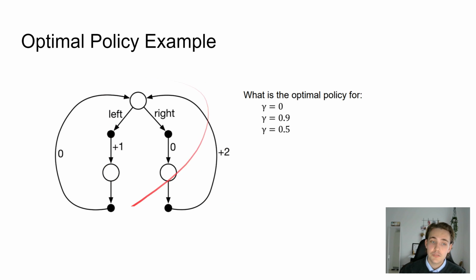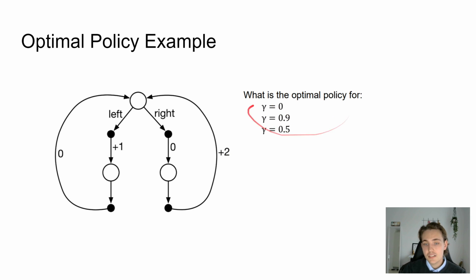So in this case, if we want to find our optimal policy for gamma equal to 0, we will of course take the left turn, because then we will get an expected return of 1. And if we took the right path, we will get an expected return of 0. So the optimal policy in this case, with gamma equal to 0, will be taking the left path, even though the second action would return an expected value of 2.